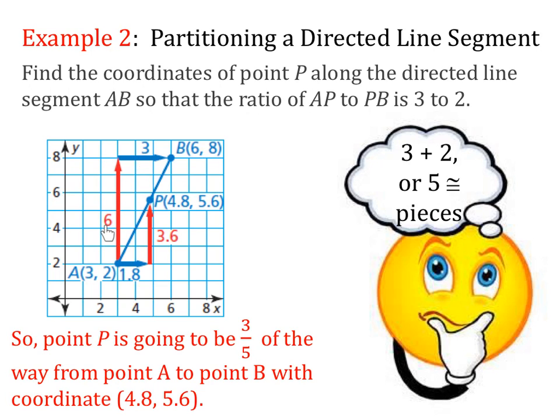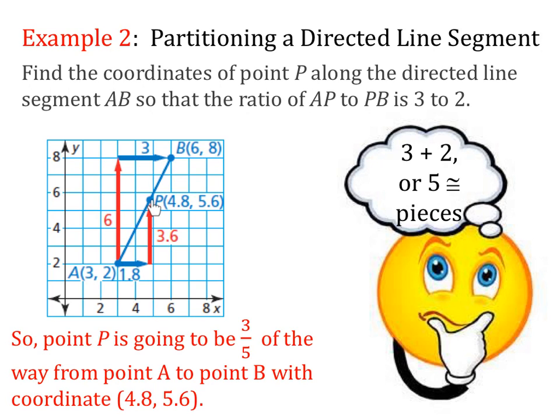So 3/5 of 6 is 3.6. 3/5 of 3 is 1.8. So that's going to be my new rise and my new run for where P is going to be located. So I run 1.8 and I rise 3.6, which means I'm located right here for P value.